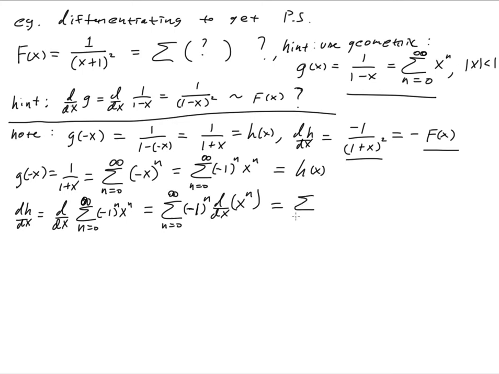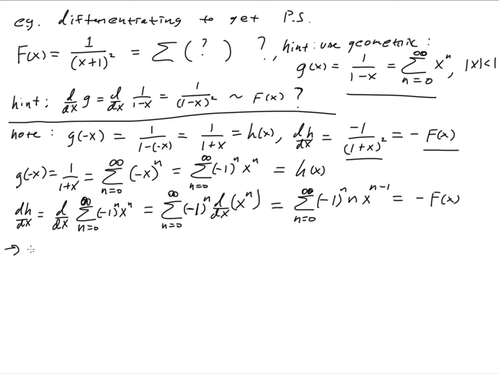All right, and now we're going to take all those derivatives for every single n value. All we're doing is taking infinitely many derivatives, but we're using our summation notation to help us with the bookkeeping, so we can do it all at once. Okay, of course that's going to end up with the power rule like that. All right, now this was equal to negative capital F of x, right?